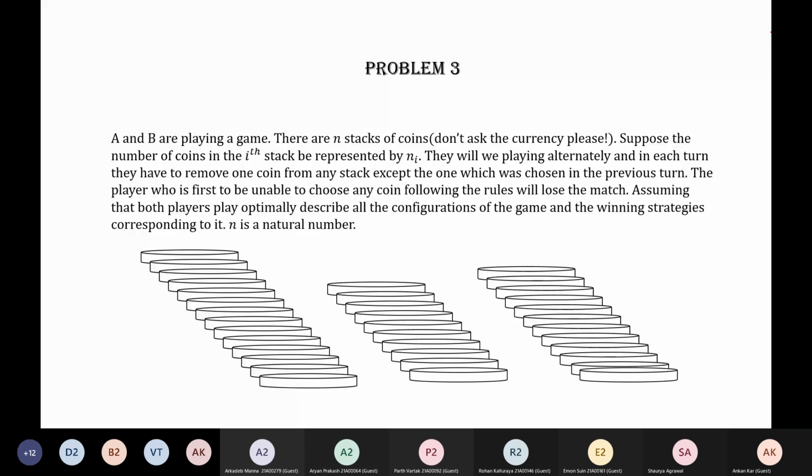If one stack contains more than n by 2, then A will win. That's actually a case. Sir, is N the number of coins or the number of stacks? Capital N is the number of coins, the sum total of all n_i's, and small n is the number of stacks.